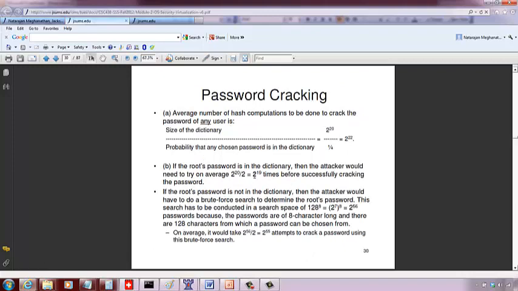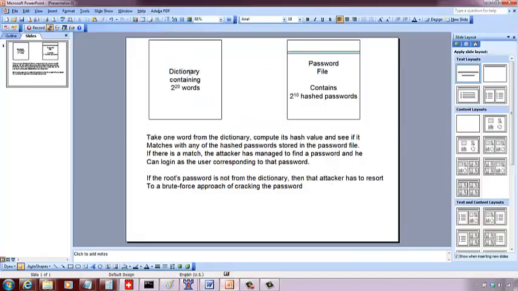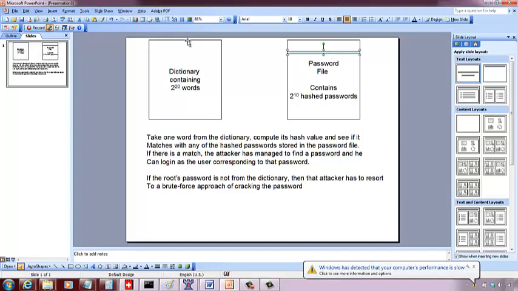It could be any of those 2 to the 20 words, right? So the dictionary is of size 2 to the 20 words. In order to crack this particular password of the root, at the worst case, you will try all the 2 to the power 20 passwords.